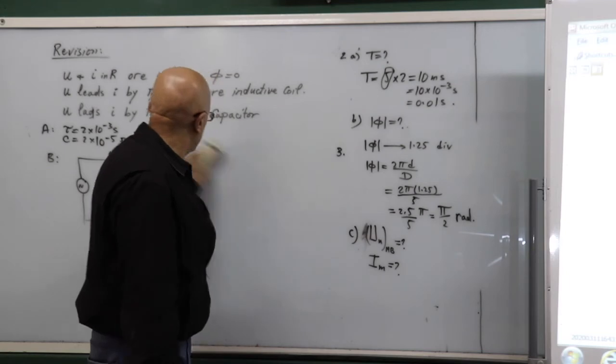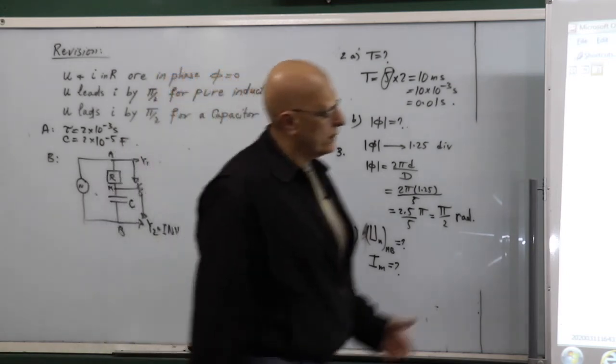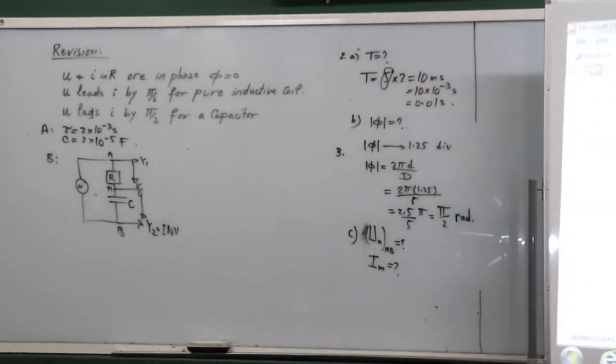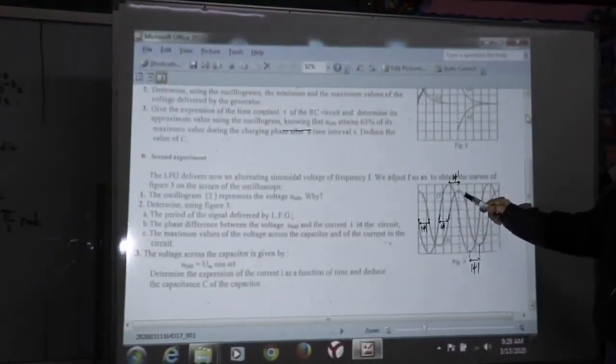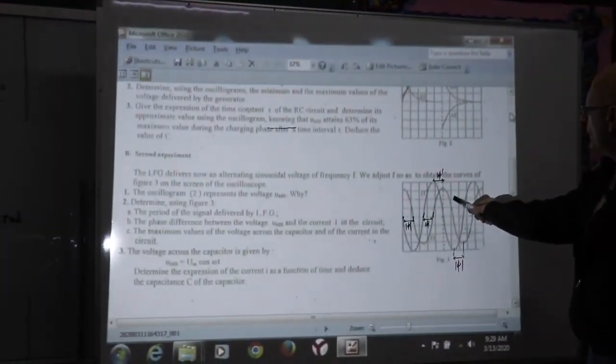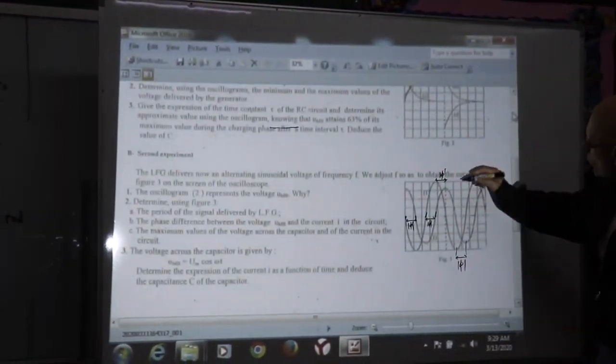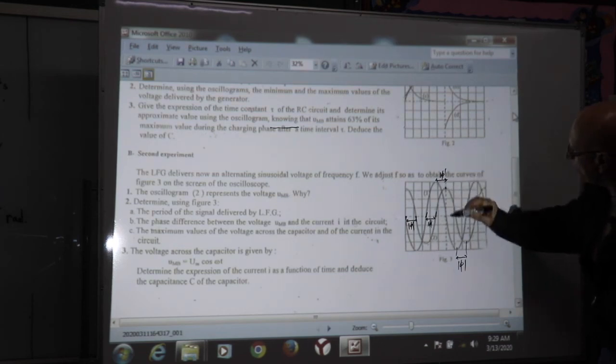U maximum, what is U maximum of UMB? We said that number 2 corresponds to UMB. So maximum is from here to here. This is the amplitude.